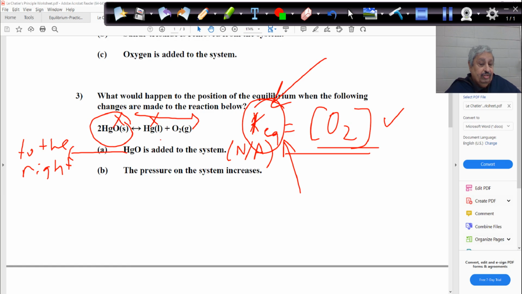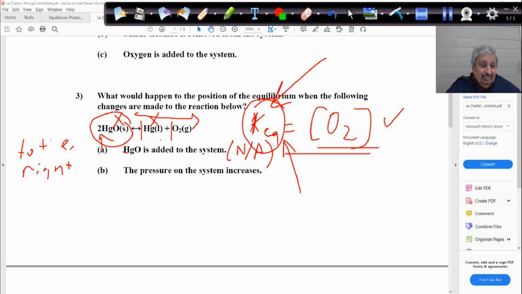So if the pressure on the system increases, here it will have an effect because you have to look at the number of moles. This is 2 moles, and this is 1 and 1, correct? So let's do it this way.